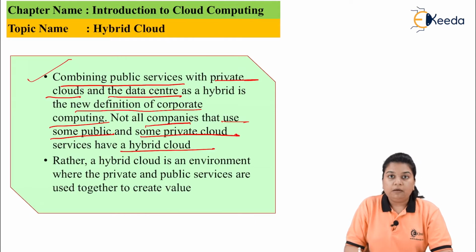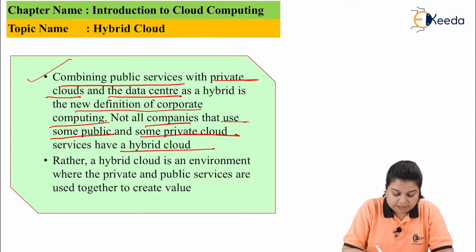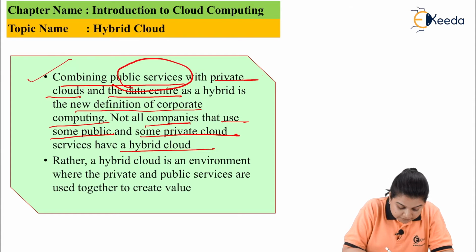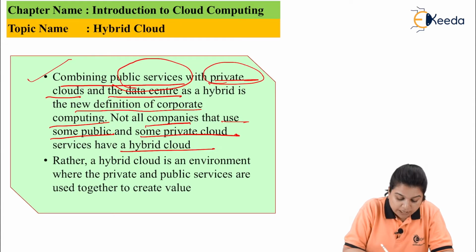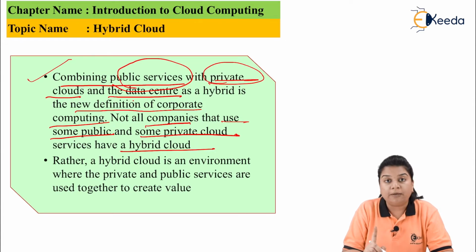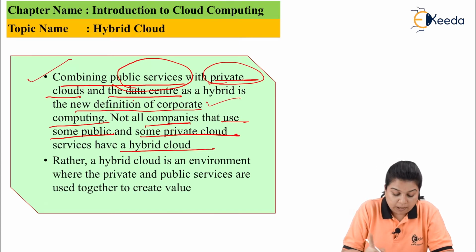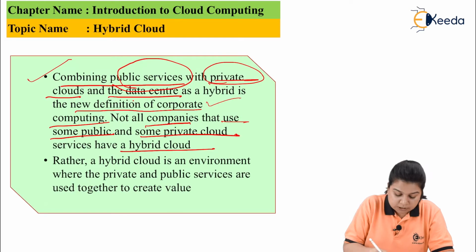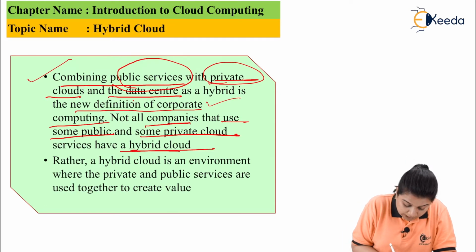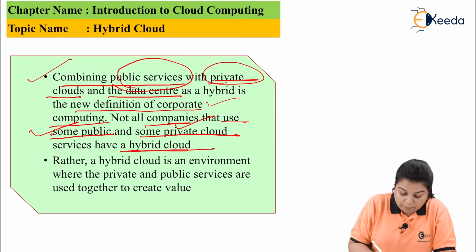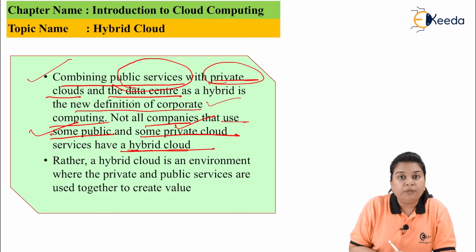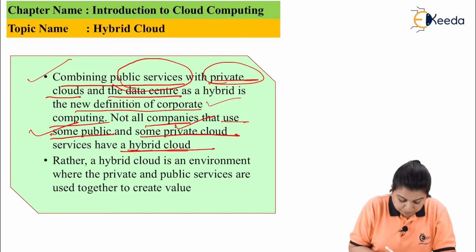See, here hybrid cloud explains that combining of public services with private cloud and data center is the hybrid, or you can say the new definition of corporate computing. But not all companies use hybrid cloud. Why? Because they use some of the public services, some of the private cloud services, but they do not use the combination of both the services.